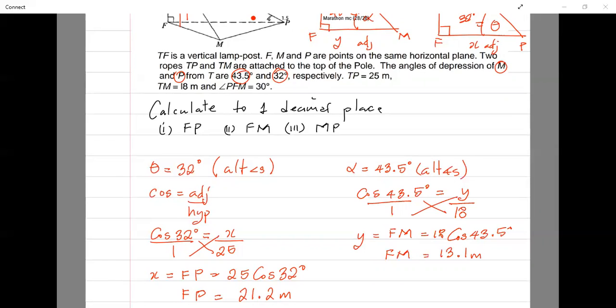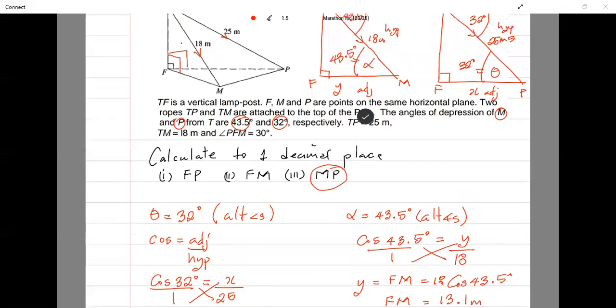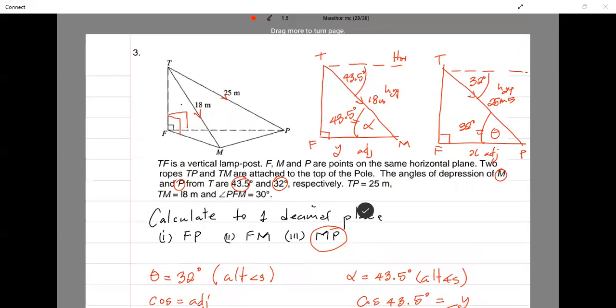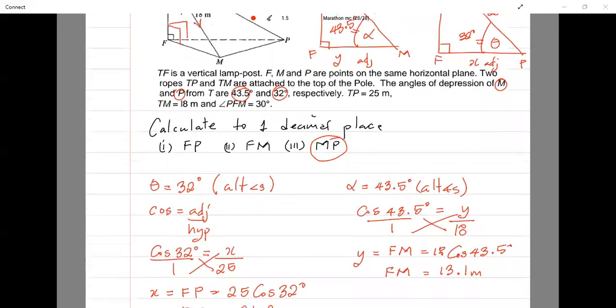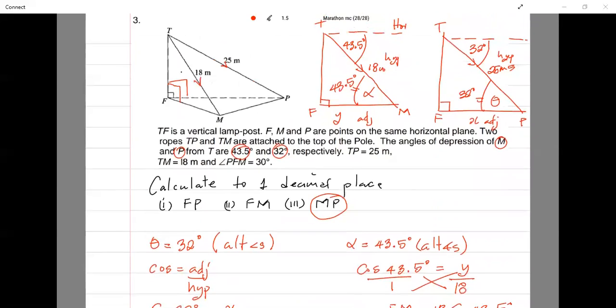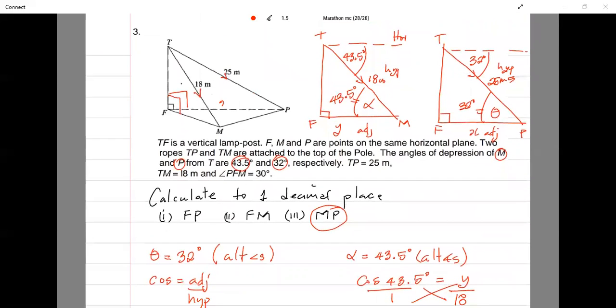All right. So the last thing now is for us to calculate MP. So far, this is what we know. We have 21.2, 13.1, and the angle here is 30 degrees.